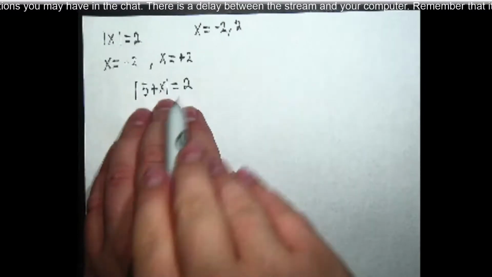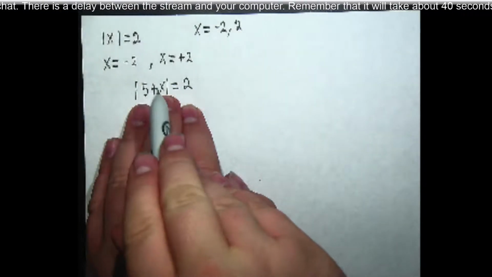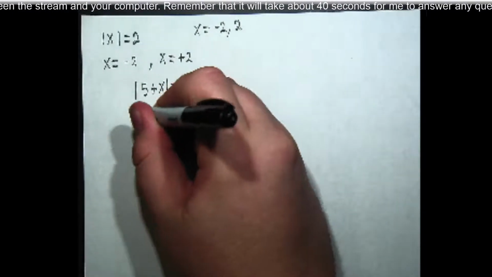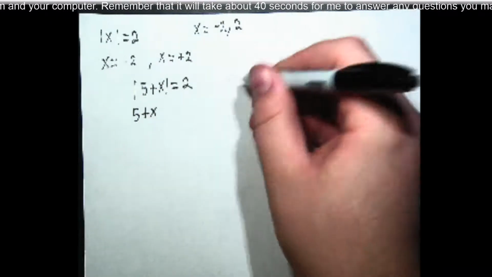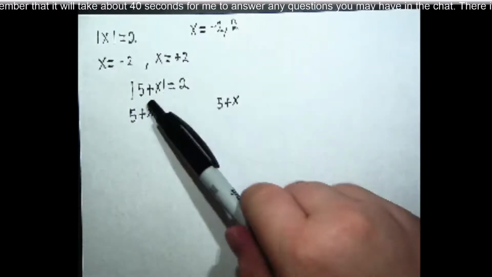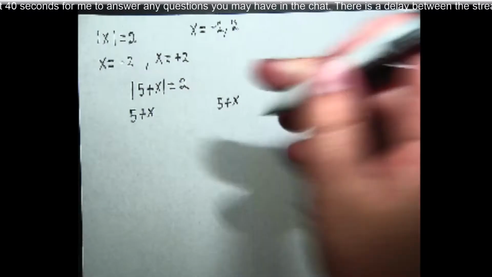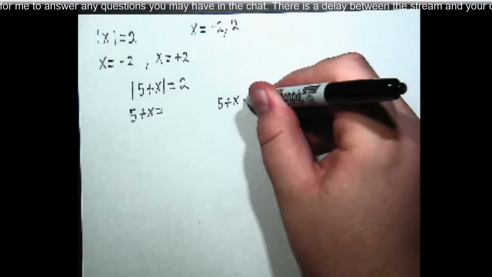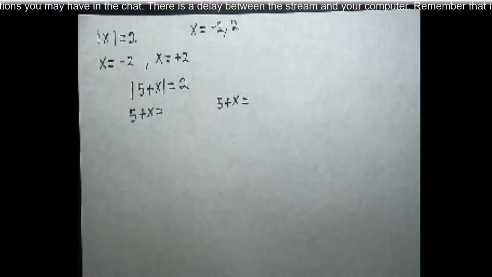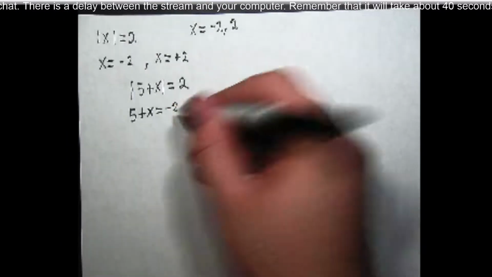So we will do the exact same thing here. We will take whatever is inside the absolute value, not just x, but 5 plus x, and say that it could be two things. If the absolute value of this whole thing is 2, then there are two things that 5 plus x could be. What are they? Negative 2 and positive 2.